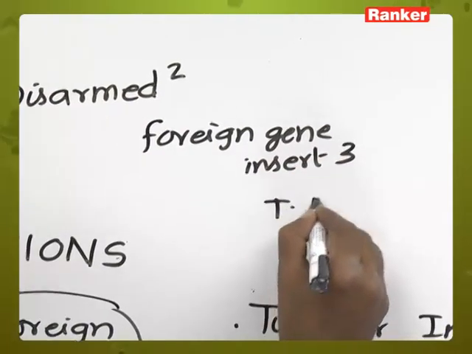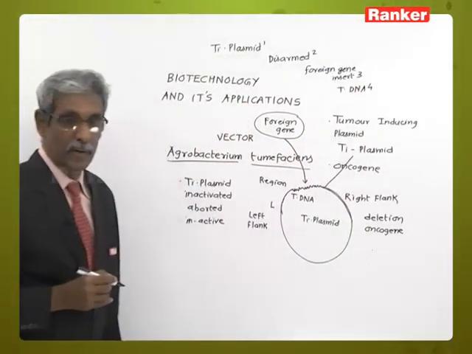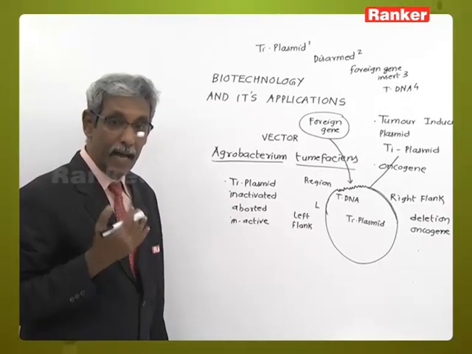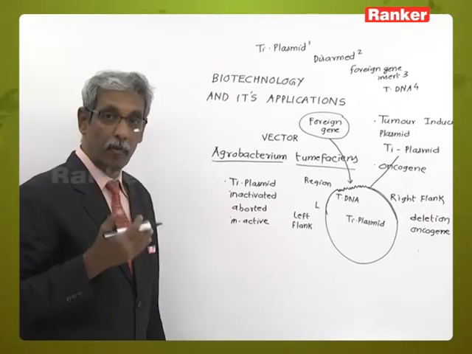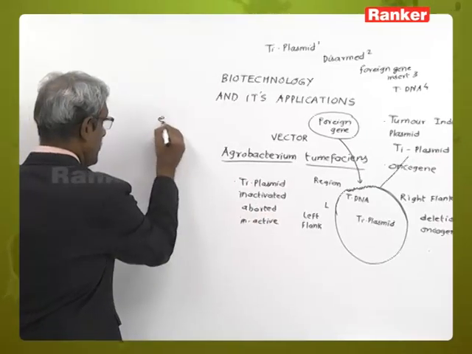Then it has the tDNA which is functional. The tDNA is functional. Thereby, it can cause efficient transfer of the foreign gene into host cells. So, we are talking in terms of efficiency.